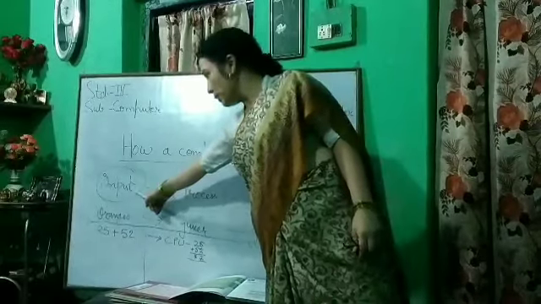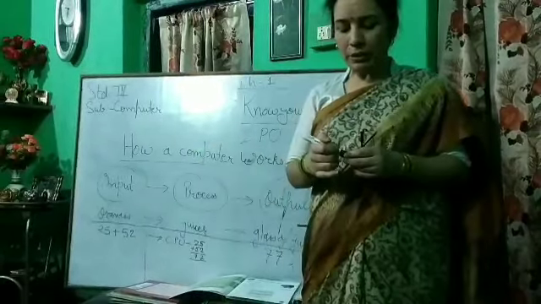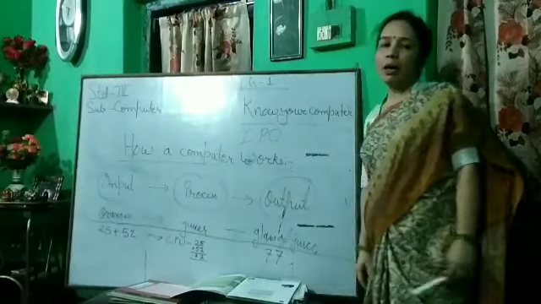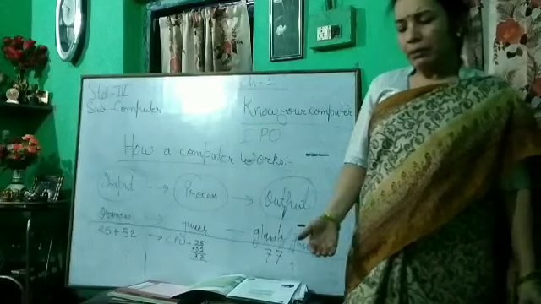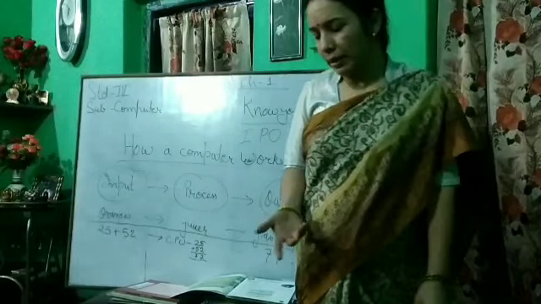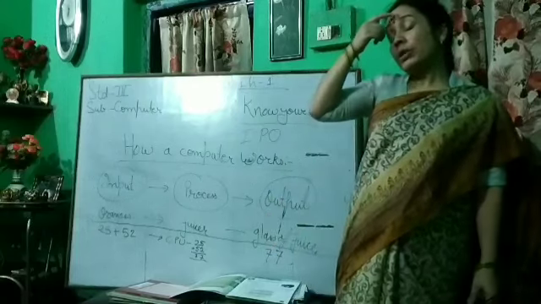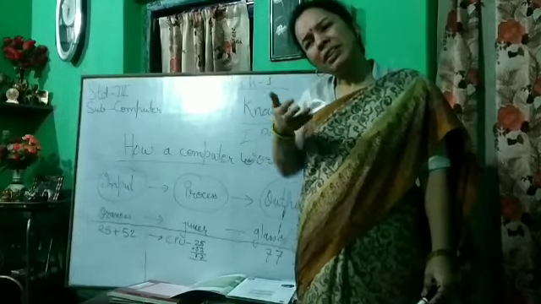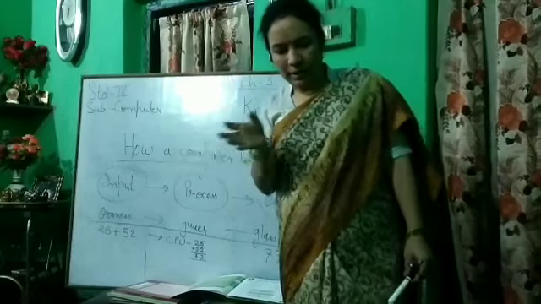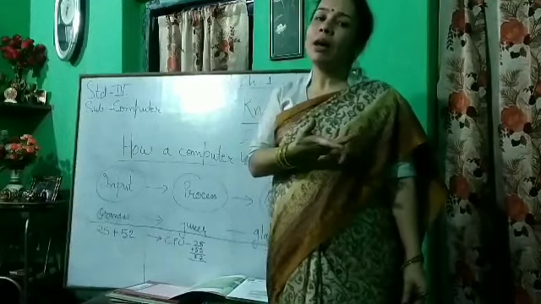So a computer works in 3 phases: input, process and output. And not only computer, in our everyday life also, we do some of our work in this fashion only: first input, second process and third output.